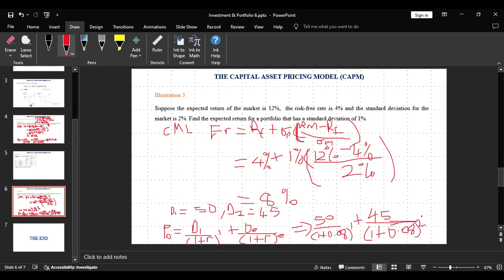I want someone to calculate all and give me the answer. 1 plus 0.08 raised to the power 1, you put the answer down, 50 divided by that, you will get a value. Then you do the same for the second term and add them.